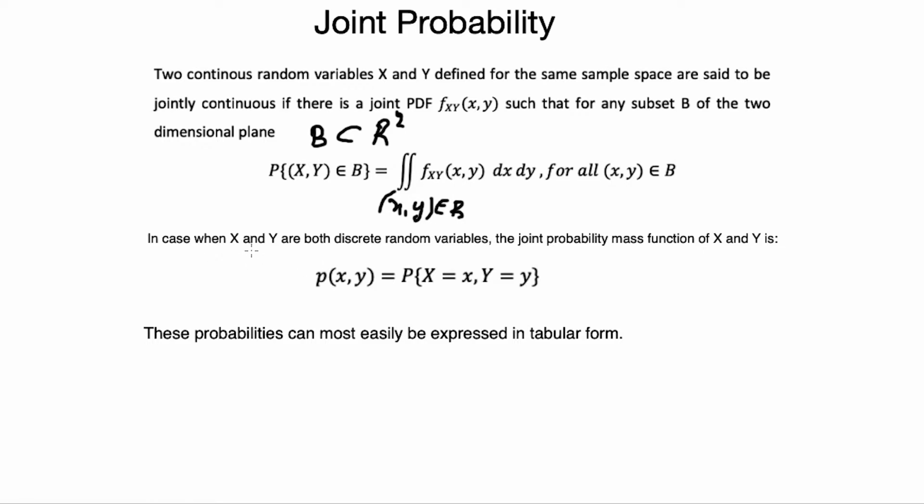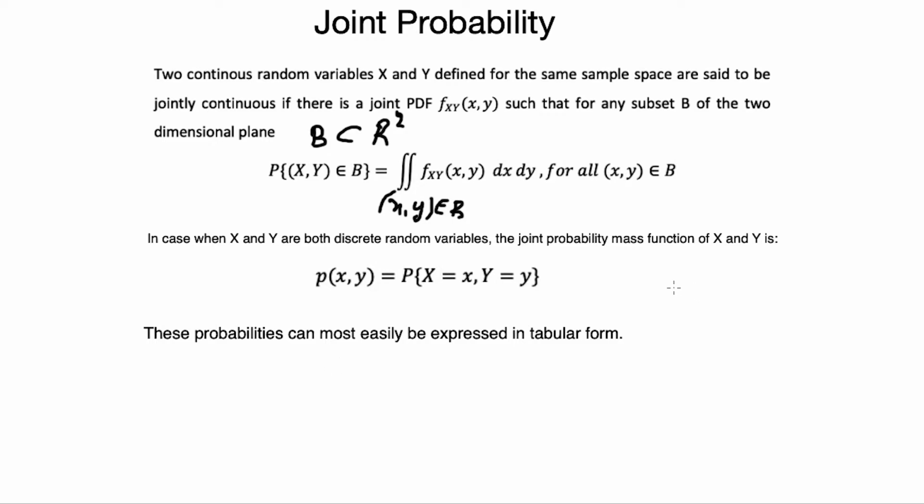In the case of discrete random variables, the joint PMF, joint probability mass function, of X and Y is defined by p_XY(x, y) equals P(X = x, Y = y). It is easier to express these probabilities in a table.